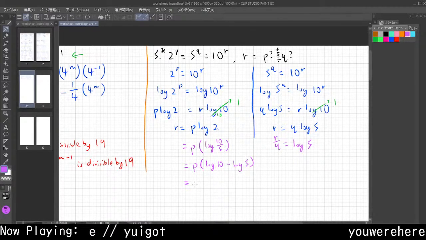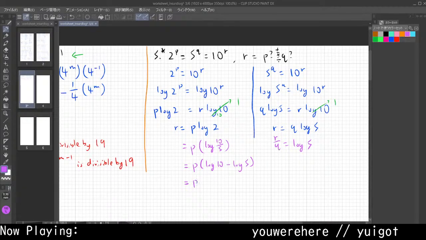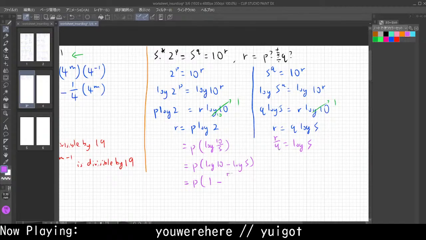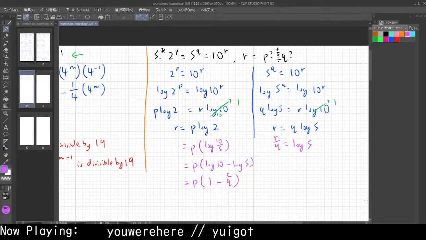Since the base of my log is originally already base 10, log 10 thus becomes 1. Log 5, I can bring my r over q into play like this.